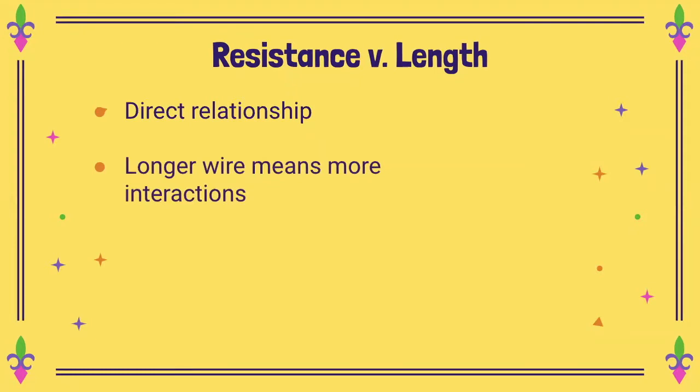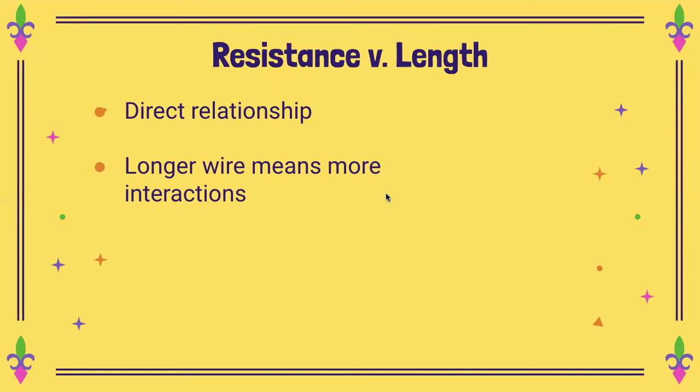In general, the direct relationship occurs because the longer wire you have means that there's more atoms for the electrons to bump into. And every atom that it interacts with slows the electrons down. So a longer wire means more interactions between the electrons and atoms, so the more resistance those electrons face.